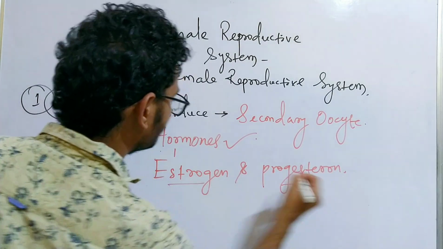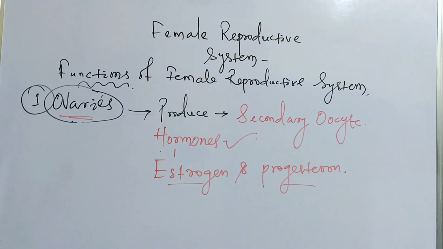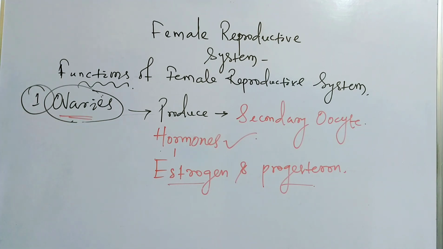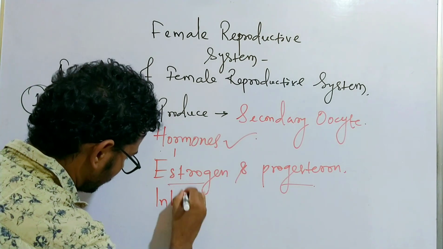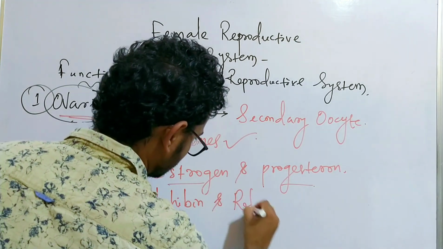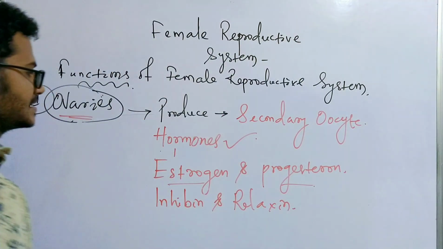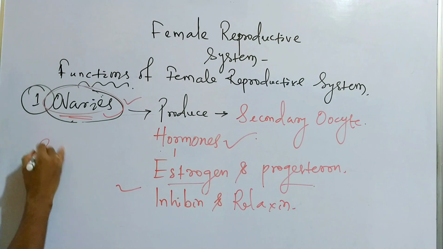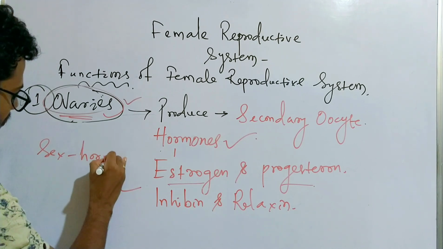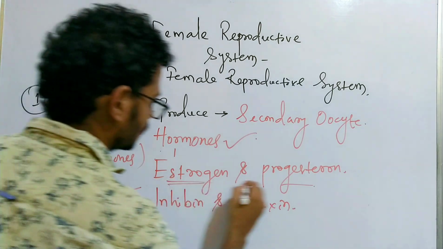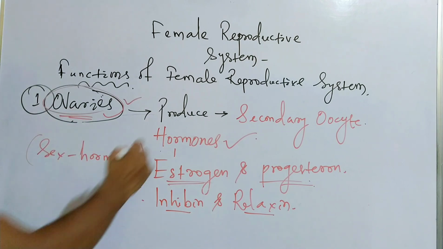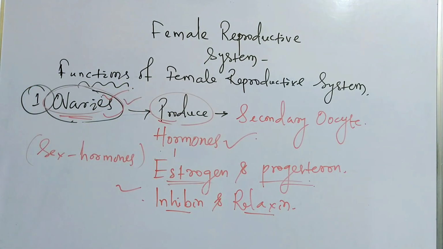These are the most important hormones of the female, known as the female sex hormones. Along with this, inhibin and relaxin are also secreted from the ovaries. So along with the female sex hormones, estrogen and progesterone, inhibin and relaxin are also produced from the primary sex organs, that is, the ovaries.